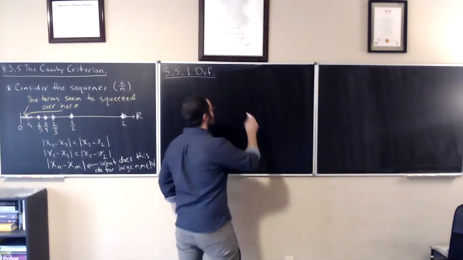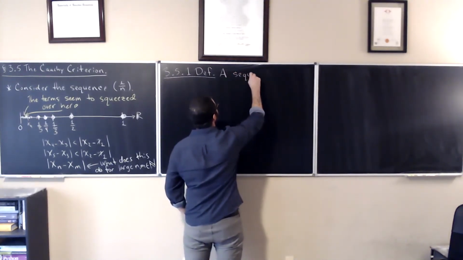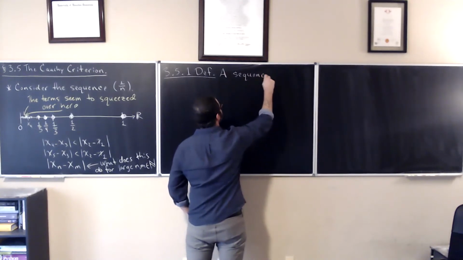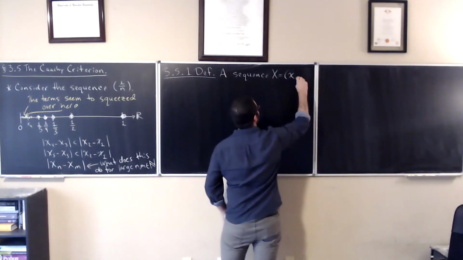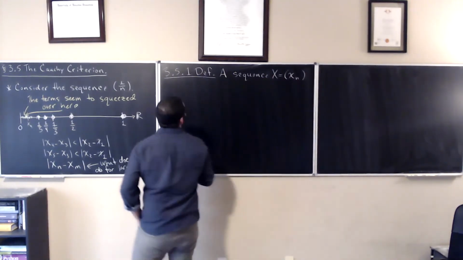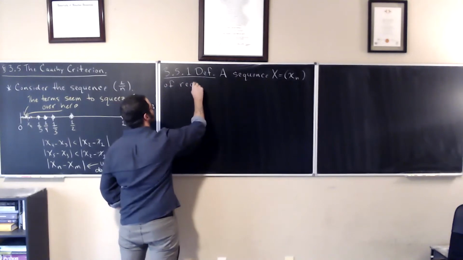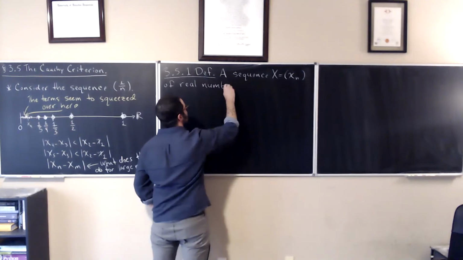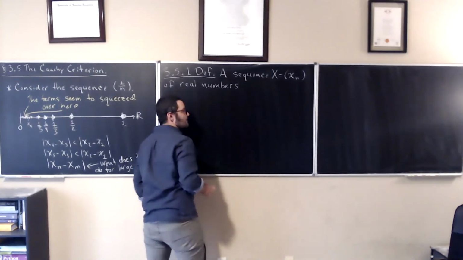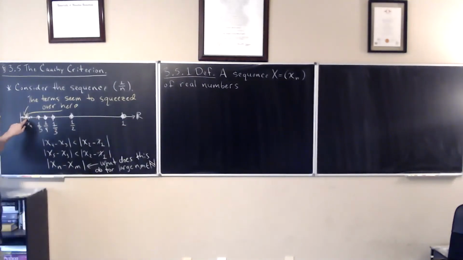So, a sequence x equals xn of real numbers is called Cauchy if it does this, right?